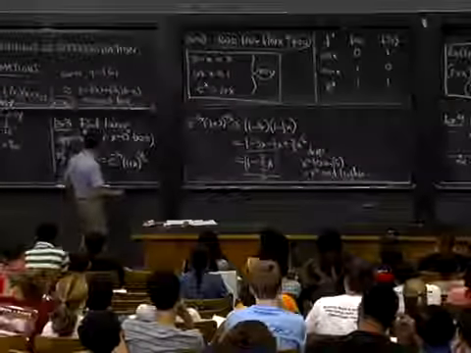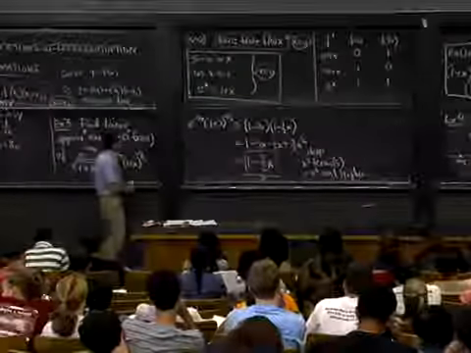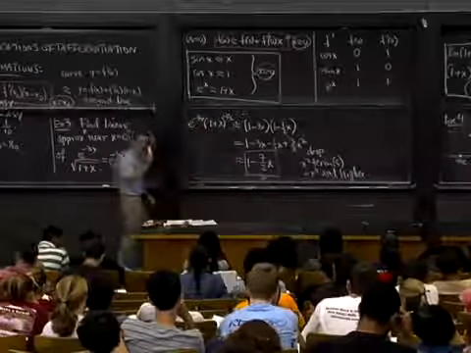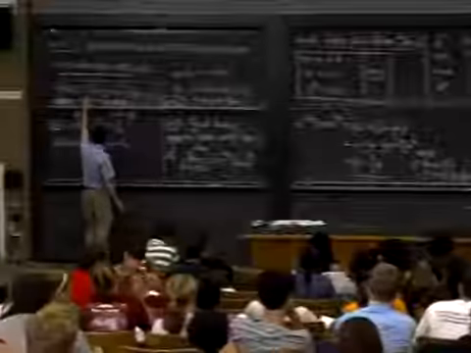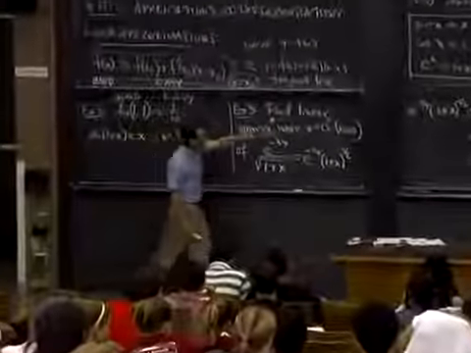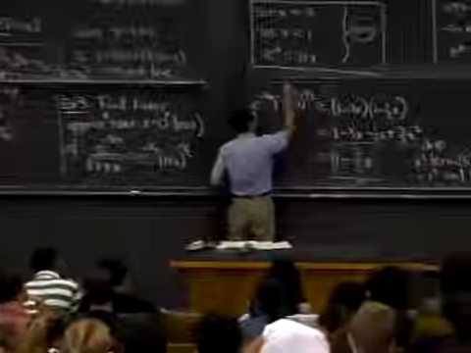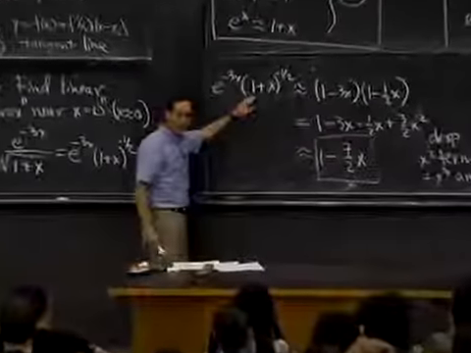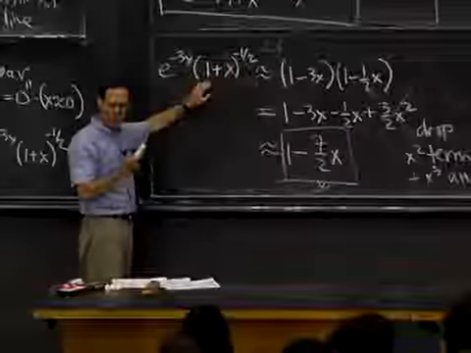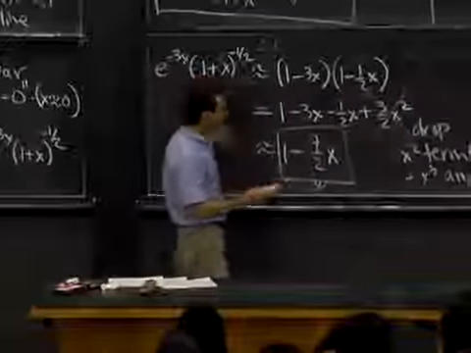The question was asked, suppose I did this by a different method. Suppose I applied the original formula here, namely, I defined the function f of x, which was this function here, and then I plugged in its value at x equals 0 and the value of its derivative at x equals 0. The answer is yes.